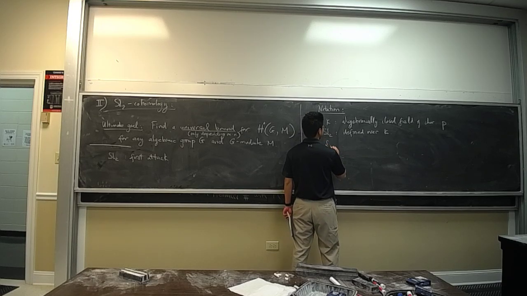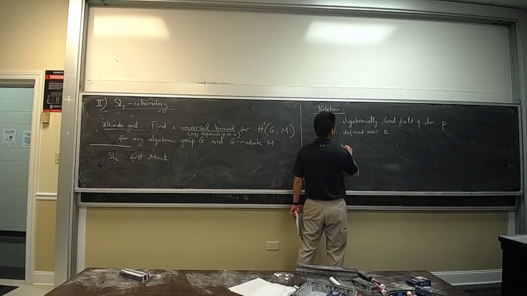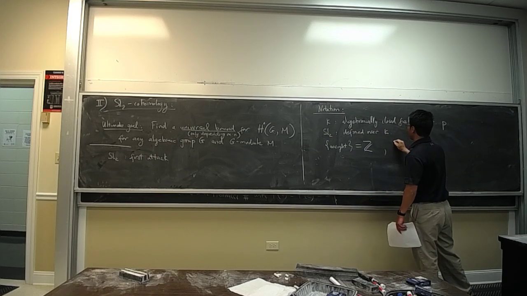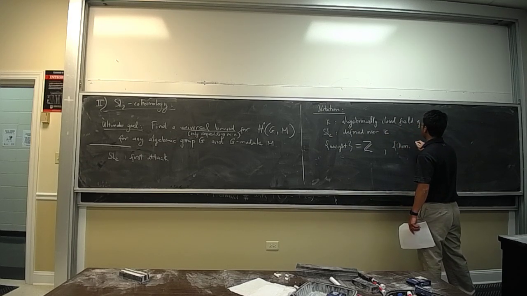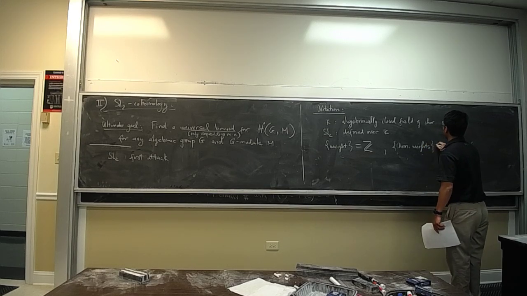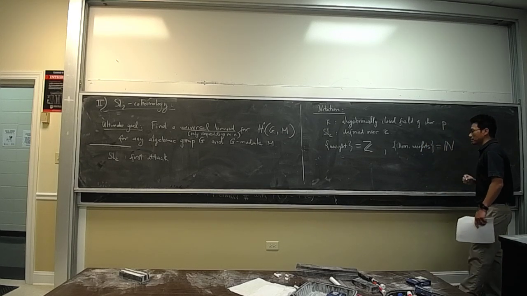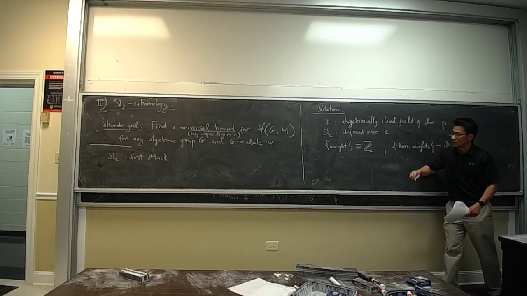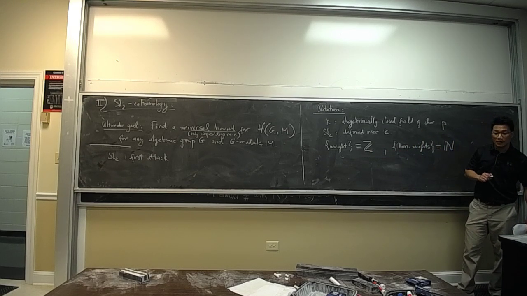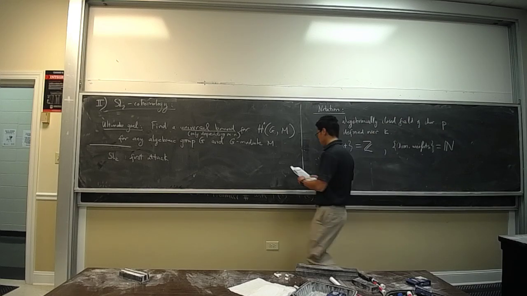The Weyl lattice is the same as Z and the dominant Weyl lattice is the same as the natural numbers, and this is the link for us to use number theory results to work with the cohomology.